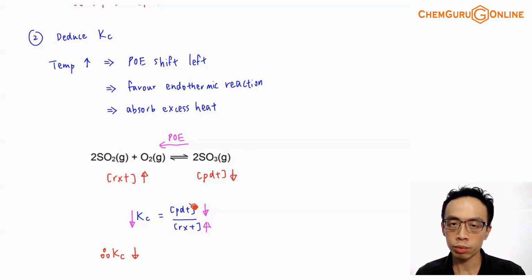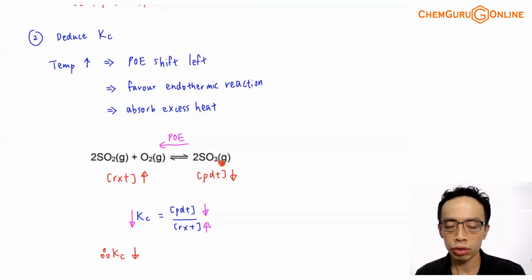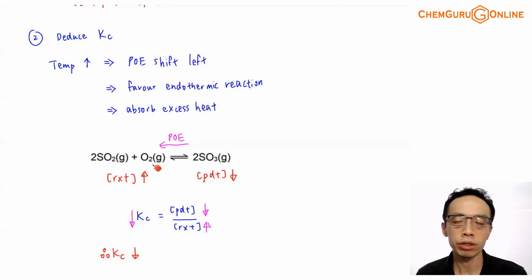When we deduce what happens to the magnitude of Kc by considering shifts in the position of equilibrium, there's no need for us to write down the Kc expression explicitly. That means we don't need to express Kc as the concentration of SO3 squared divided by the concentration of SO2 squared and the concentration of O2, because by definition Kc is the concentration of the product raised to the power of its coefficient divided by the concentration of the reactant raised to the power of its coefficient.